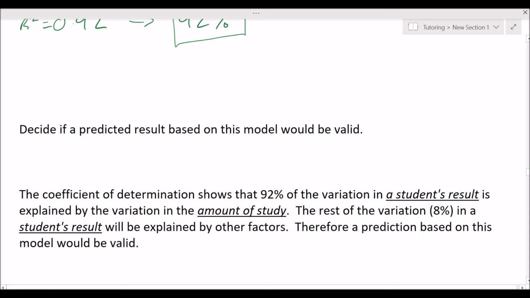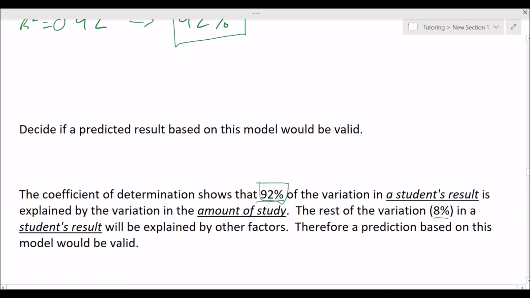The coefficient of determination shows us that 92% of the variation in a student's result is explained by the variation in the amount of study. The rest of the variation, which in this case is 8%, will be explained by other factors. Therefore, a prediction based on this model would be valid.